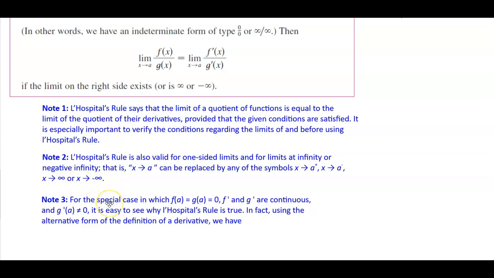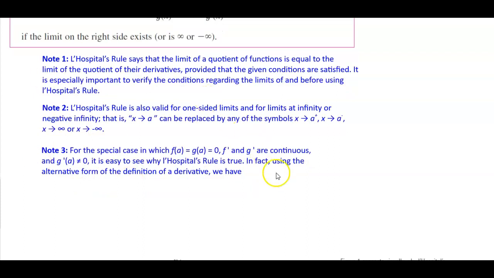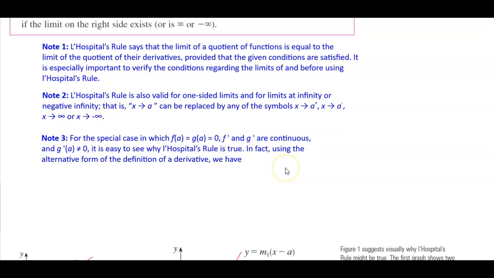Now, note 3. For the special case in which f of a is equal to g of a, which is equal to 0, and f prime and g prime are continuous and g prime of a does not equal 0, it is easy to see why L'Hopital's rule is true. In fact, using the alternative form of the definition of the derivative, we have the following.